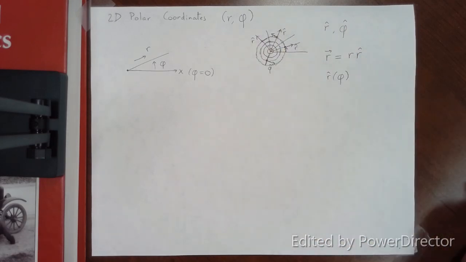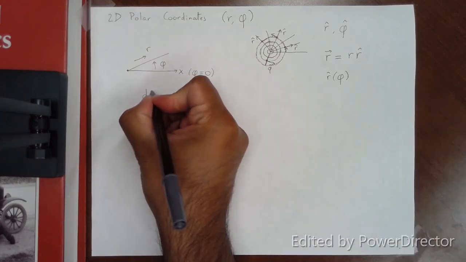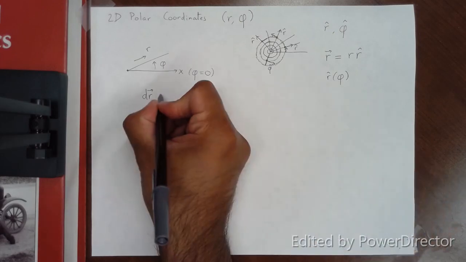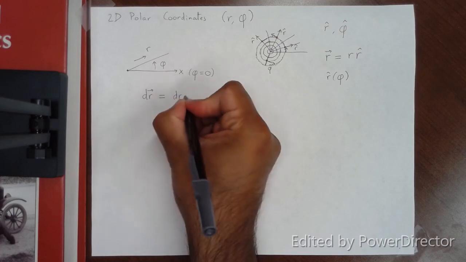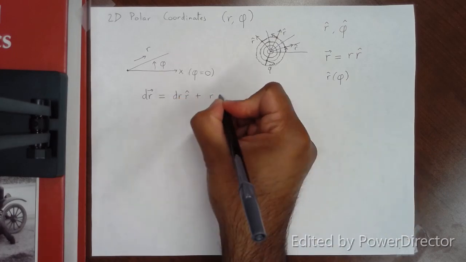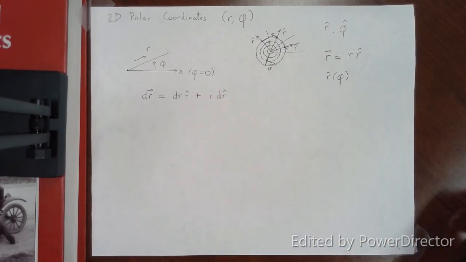Due to this, finding the infinitesimal change in r is now a little bit more complicated. It becomes dr times r hat plus r times d of r hat. So to proceed further, we will need to figure out what d of r hat is.